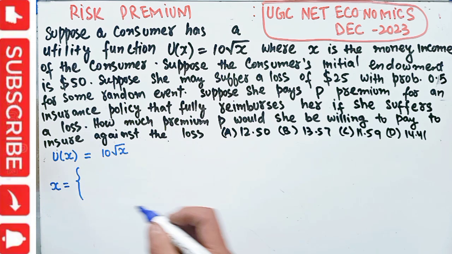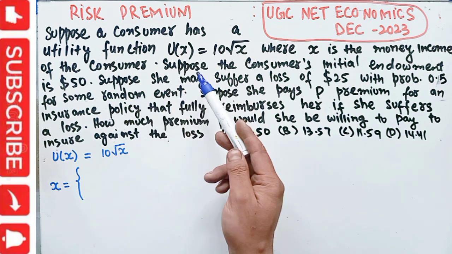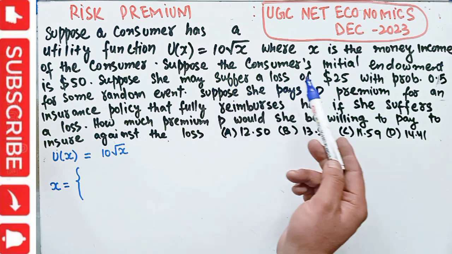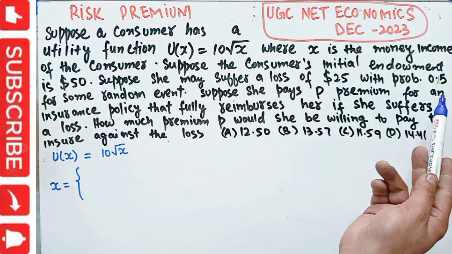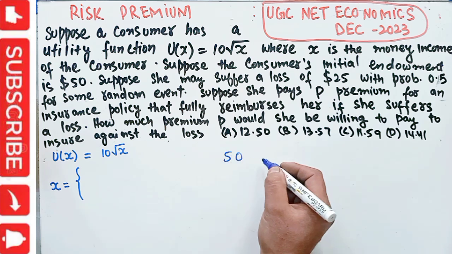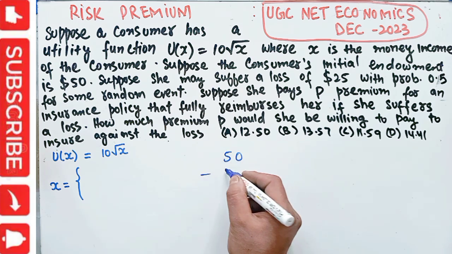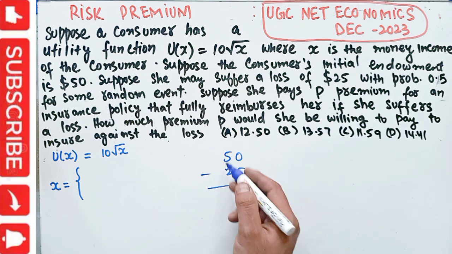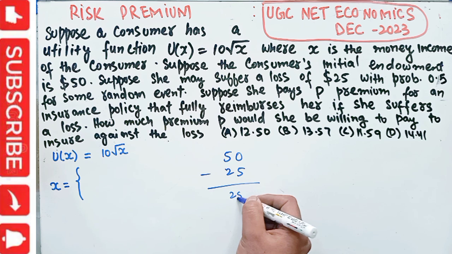We have the two situations. First is that this consumer, suppose she may suffer a loss of $25 with probability 0.5. That means total income is $50. She suffers a loss of $25. That means her total income will be $25.